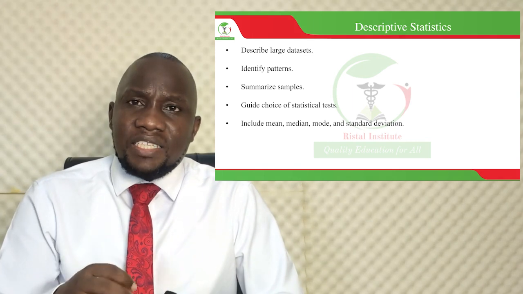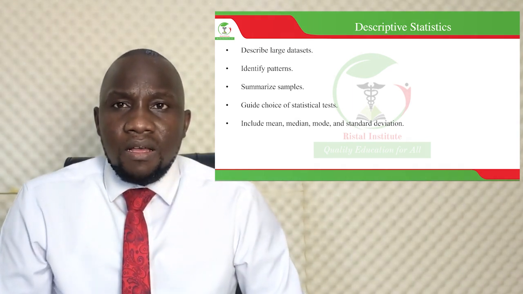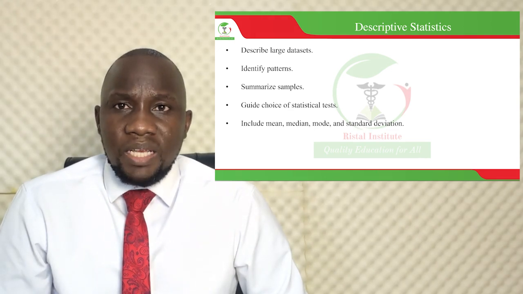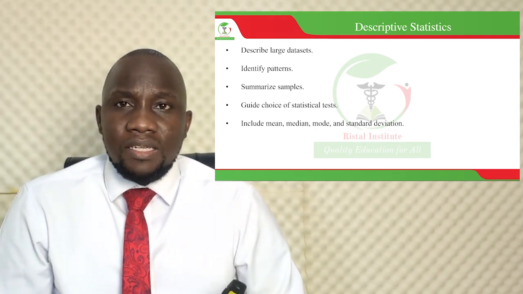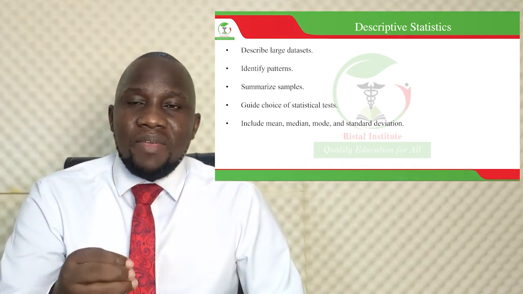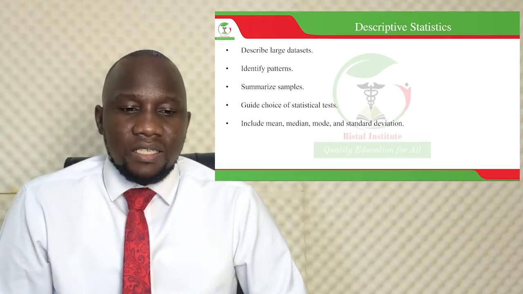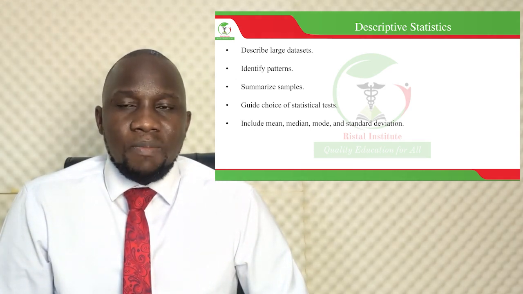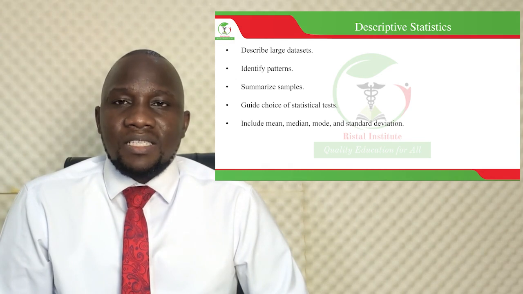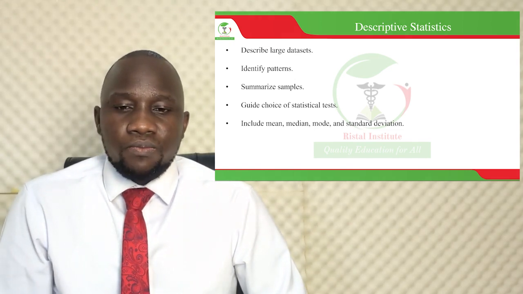But you basically understand that we have large data that, if you see this data, it may not make sense to you, but with descriptive statistics, we can make this data make sense to you. That is descriptive statistics. Basically, descriptive statistics is about summarizing data sets such that they can make sense to you.